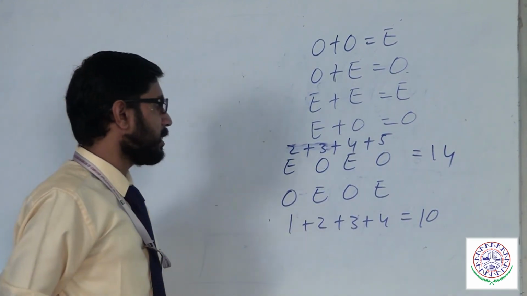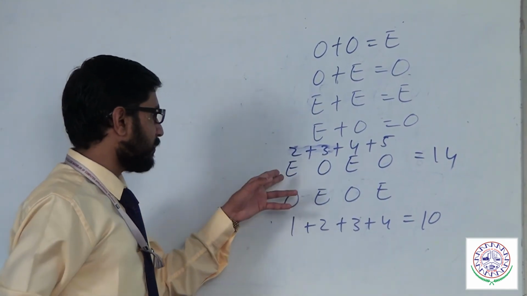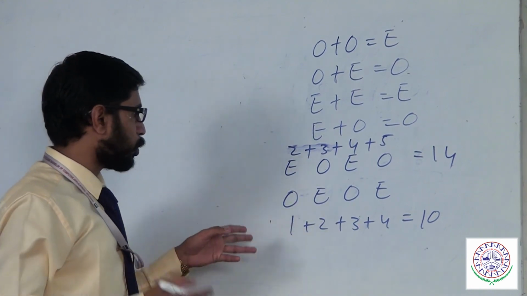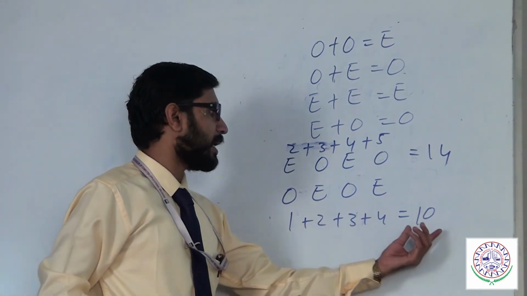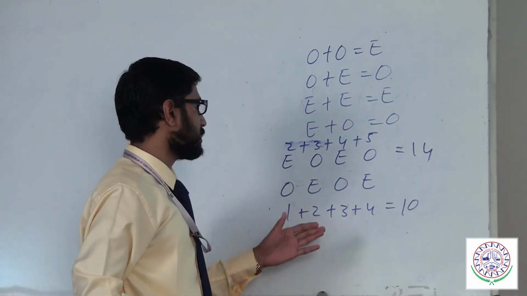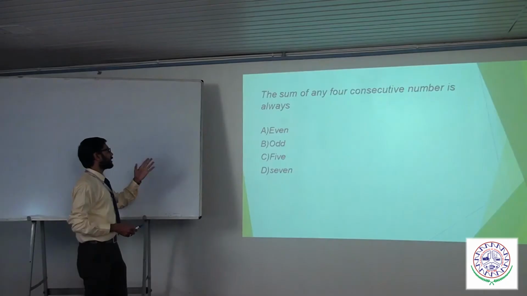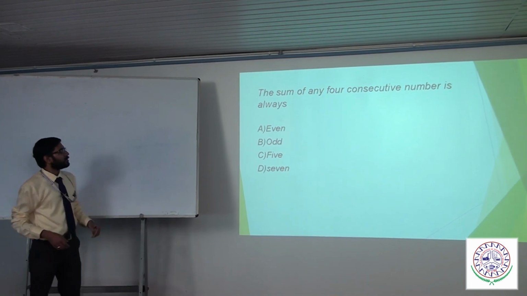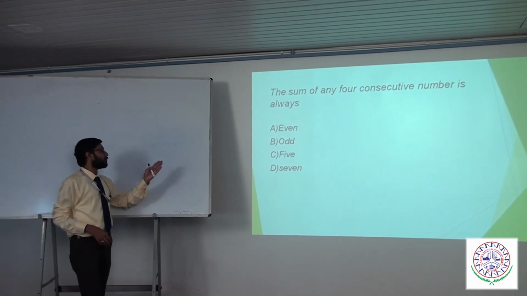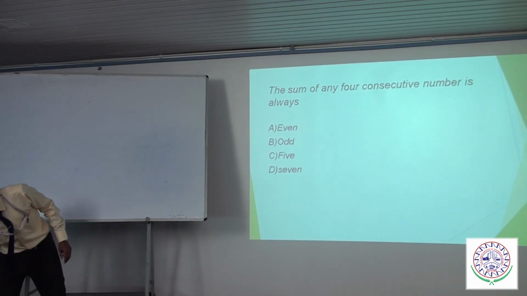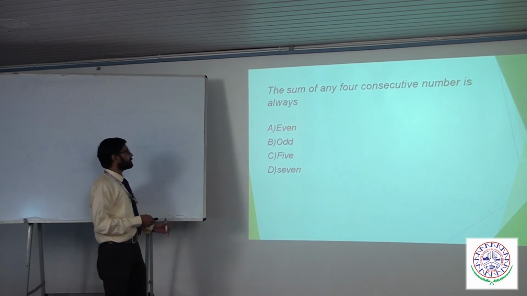So whether you add 4 consecutive numbers starting with even or with odd, the answer will always be even. This basic knowledge is required. If you know the basic concept, you can easily say that the sum of 4 consecutive numbers is always even. So the answer for this question is option A, that is even.